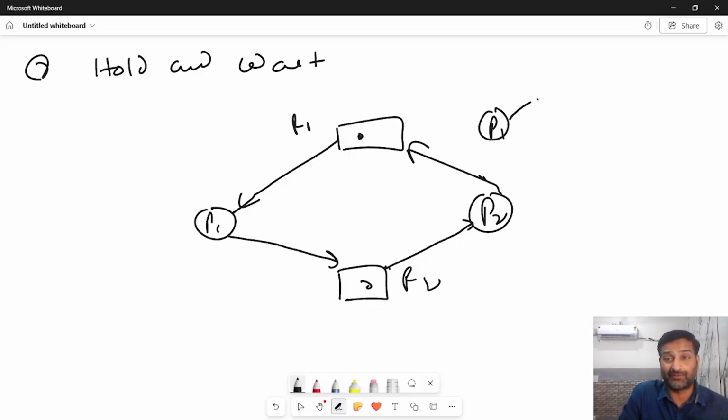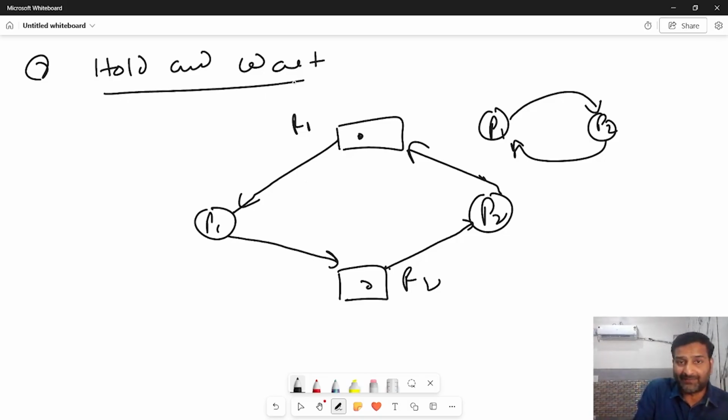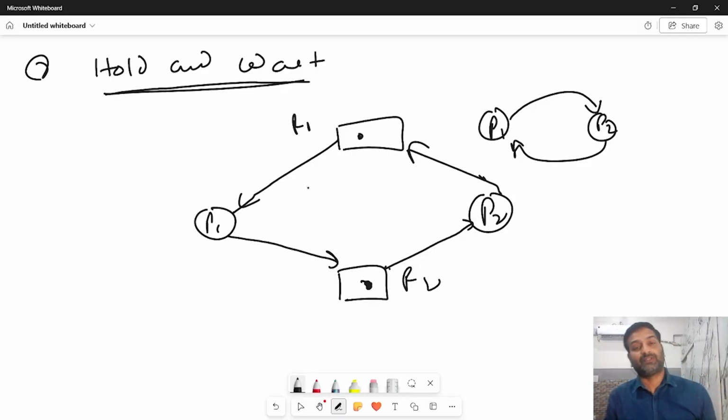If we convert this to the wait-for graph, P1 is waiting for P2 and P2 is waiting for P1 to release the resource. So hold and wait means one process is holding a resource and looking for another one. In the same way another process may hold some resource and wait for another one. So this hold and wait situation leads to what is known as deadlock.